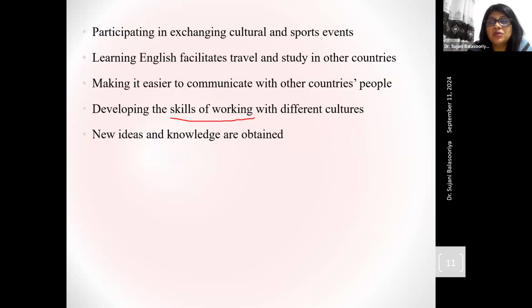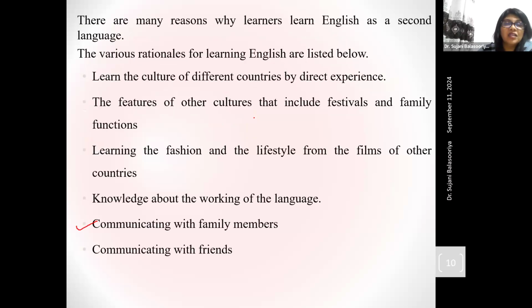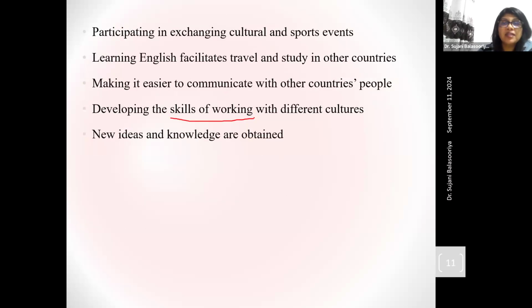So we need to learn the English language in order to develop our working skills, especially when we are dealing with different cultures. And new ideas and knowledge are obtained if we know English. New ideas, updated knowledge, everything is accessed through English, right? So these are some reasons why the English language should be learned.